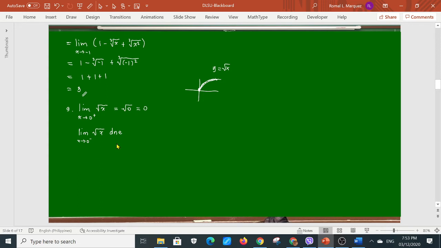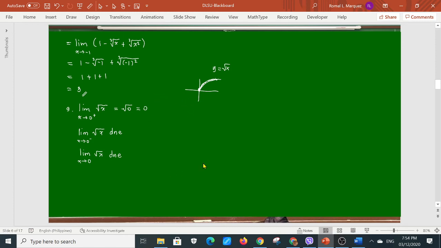Or no limit. What is the limit, therefore, of square root of x as x approaches 0? Since the limit from the right and the limit from the left are not equal, actually one of them does not exist, our conclusion here is that the limit does not exist in totality. Because when we say x approaches 0, it means both from the left and from the right.